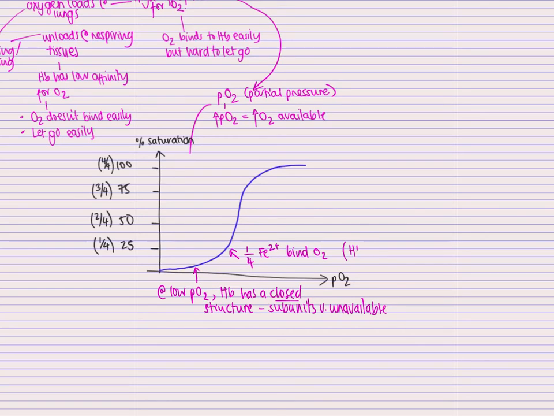So now we formed that first step towards the fully saturated oxygen, or oxyhemoglobin, sorry. And that's going to start opening up our hemoglobin structure. And that means that we're going to increase the availability of the binding sites.